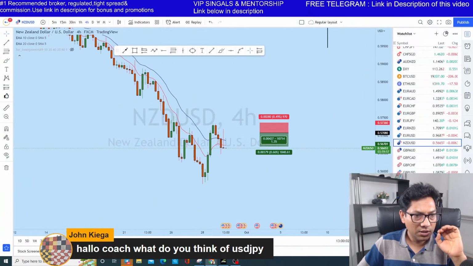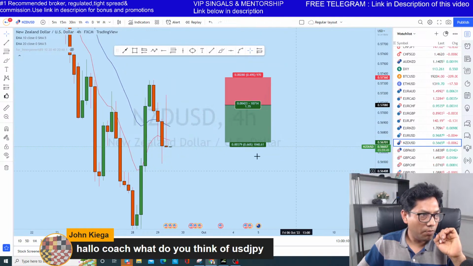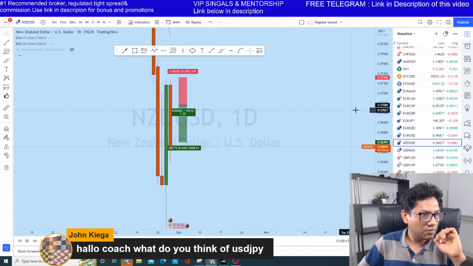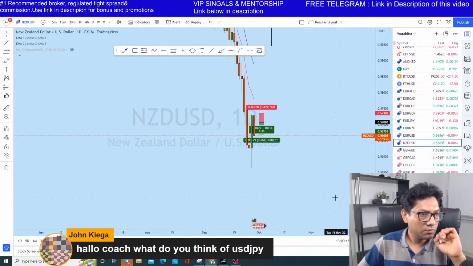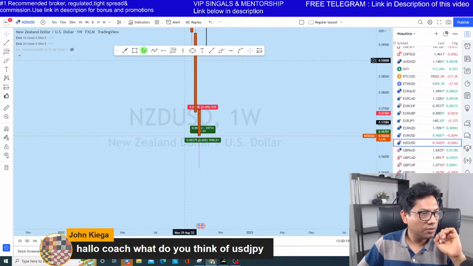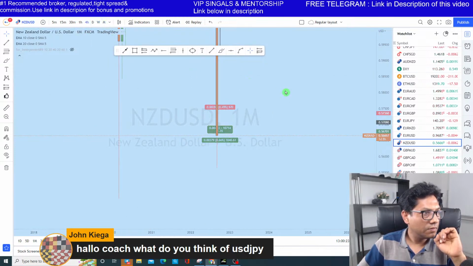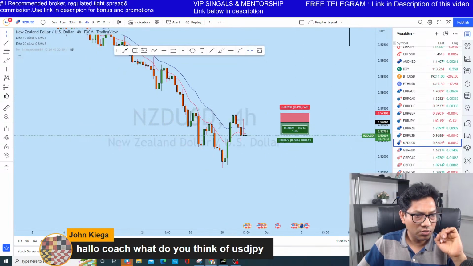NZD has given us a narrow doji below the 20 period moving average, a rejection from the top. Let me look at the daily, weekly, monthly, very crucial.